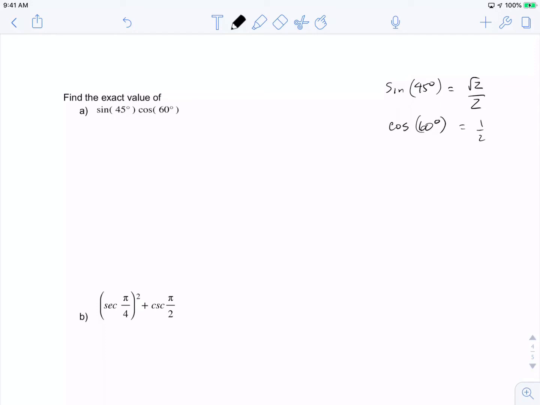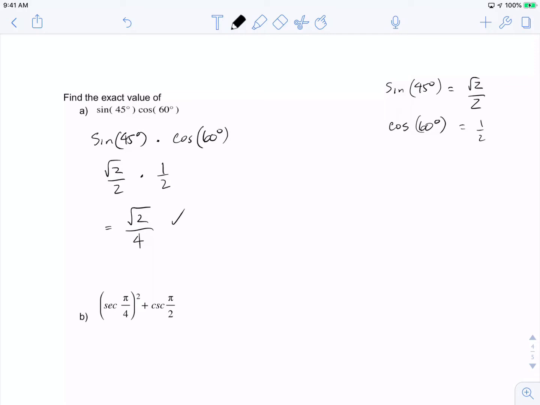So then all we're doing here really is we're going sine of 45 degrees times cosine of 60 degrees. So we're getting radical 2 over 2 times 1/2, which is going to give us radical 2 over 4. And that's our solution for this problem right there. Okay.